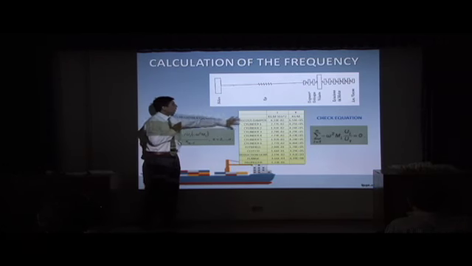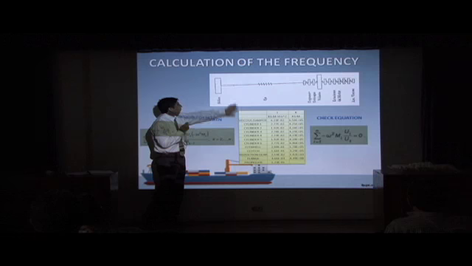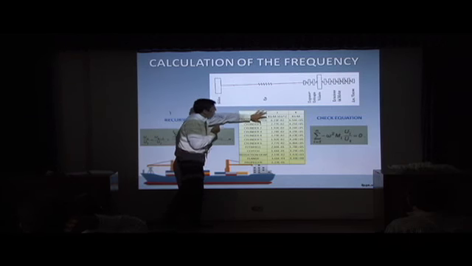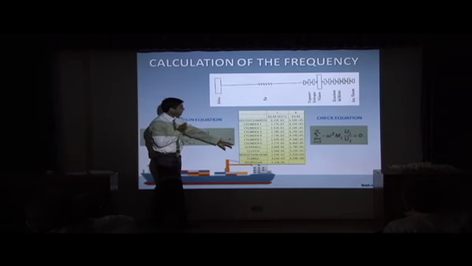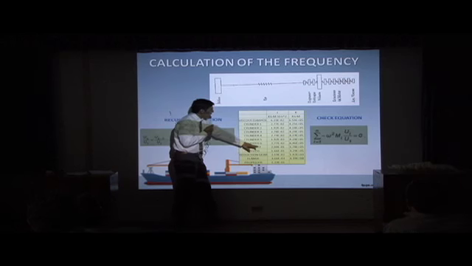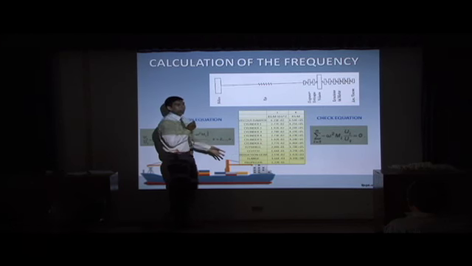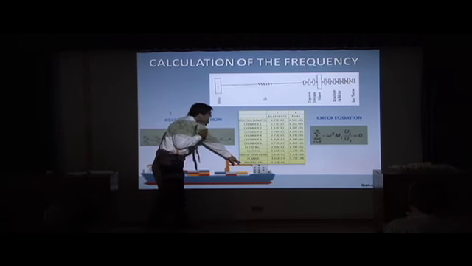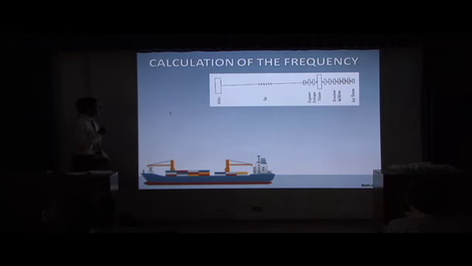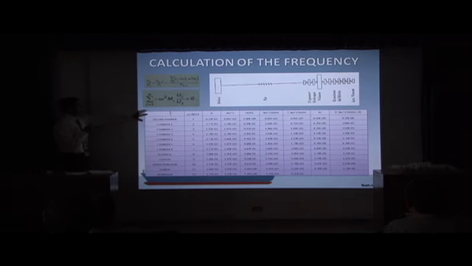In this table, in this chart, we have the components and the inertia. We can see the inertia of the flywheel, which is very large, and the second is the propeller. In this chart, we use the Holzer method.